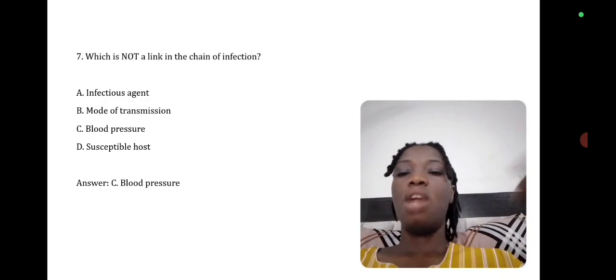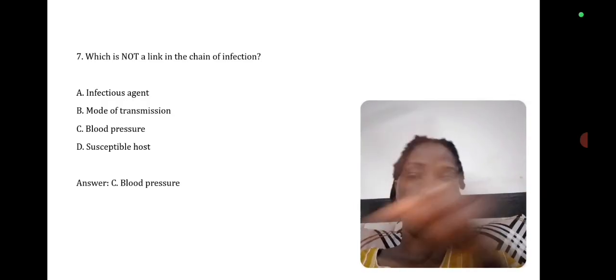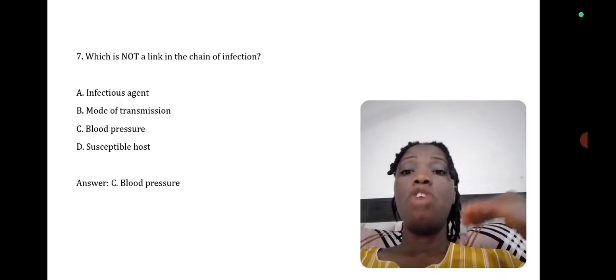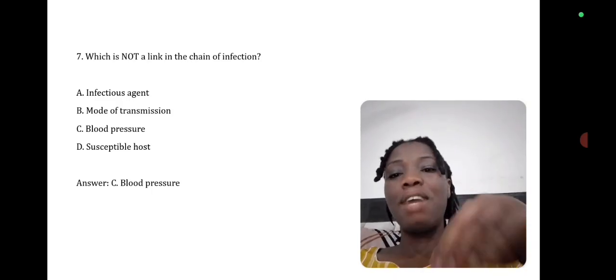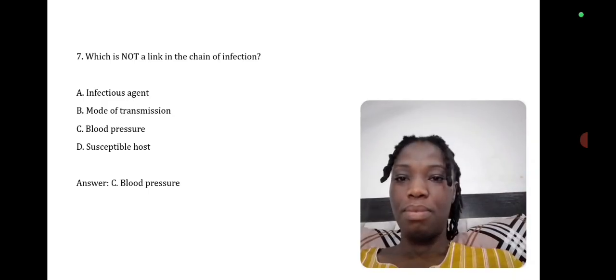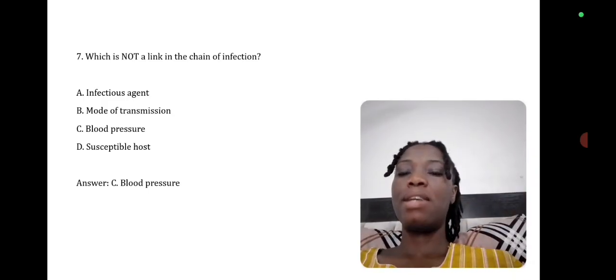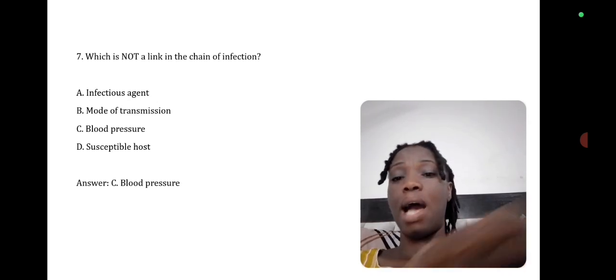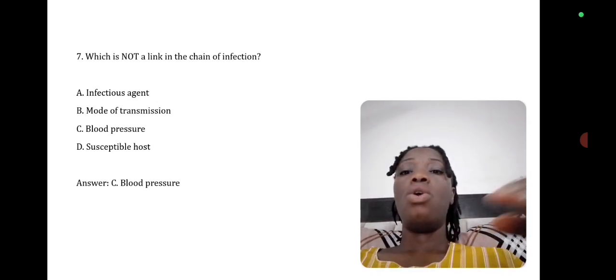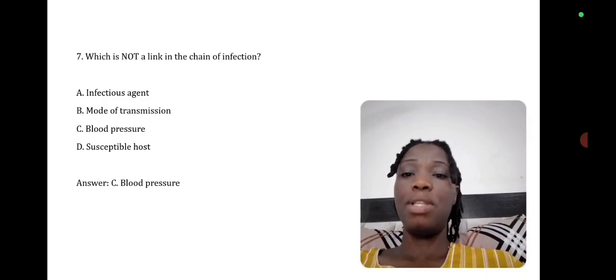The first one is the microorganism itself, the infectious agent. Two is the reservoir, which is like their house where they stay. Number 3 is the portal of exit: how do they leave their house? Number 4 is the mode of transmission: how are they carried from one place to another?